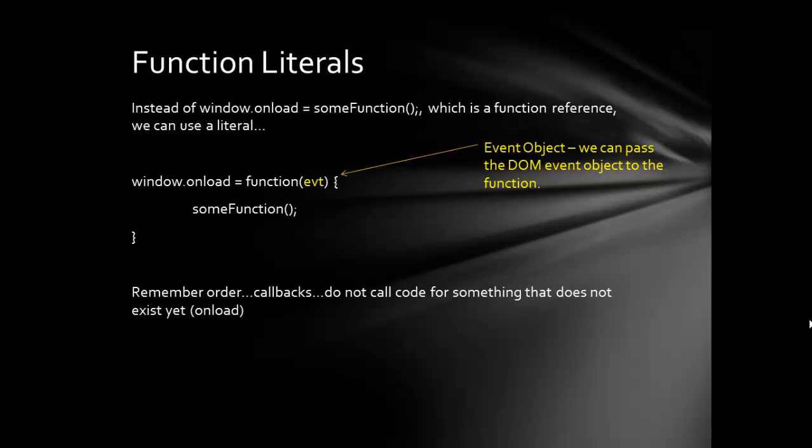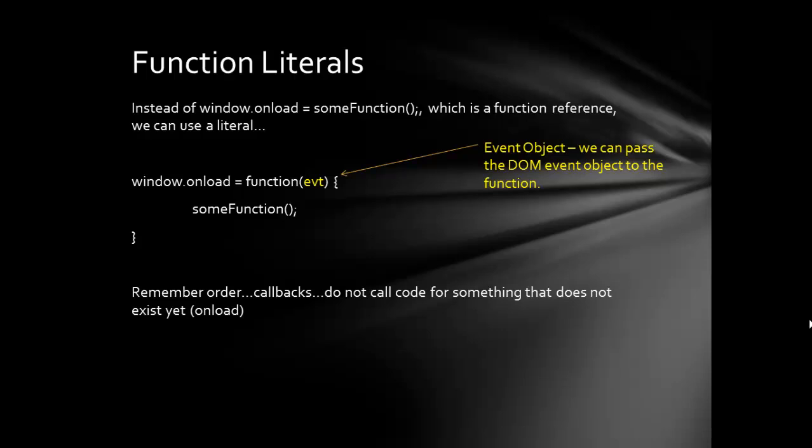Then inside that function event, you see some function, which is equivalent to window.onload equals some function. That evt, that event, is the event object. What happens is window.onload equals function event, and we're passing the DOM event object to the function. So the onload, the onclick, the onmouseover, onmouseout is captured in that function event.